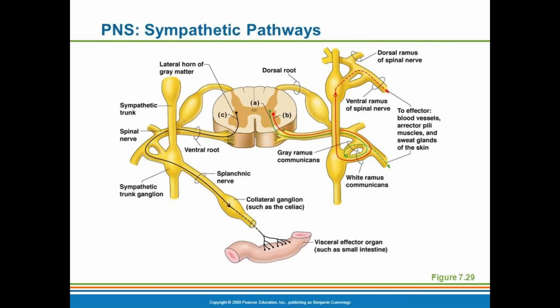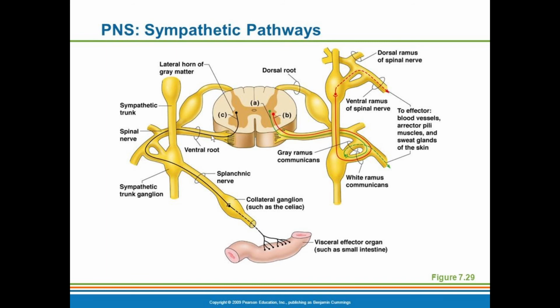So there are three different pathways that we're going to look at here that your sympathetic nervous system utilizes to coordinate your target tissues to respond for you in a threatening situation. So the first pathway is if you have a cell body, which is shown by this black dot, that would originate in the gray matter of the spinal cord.